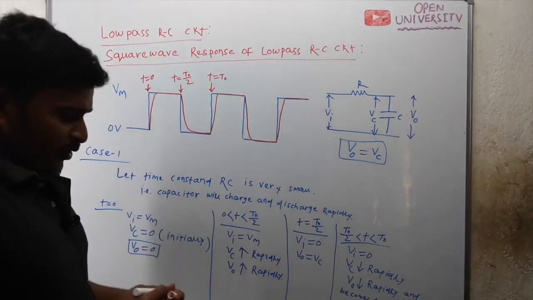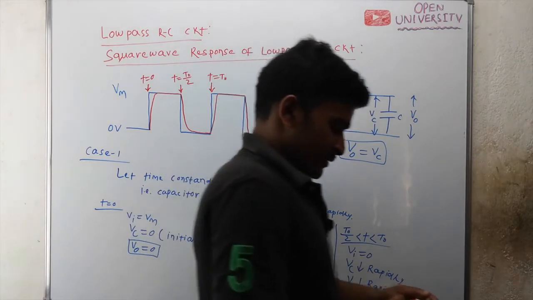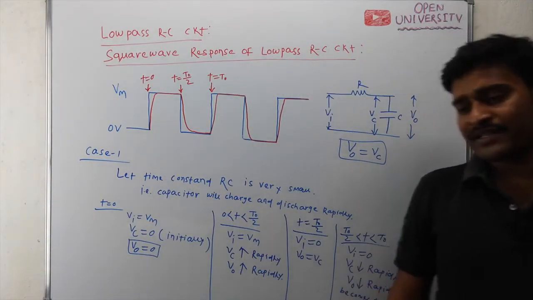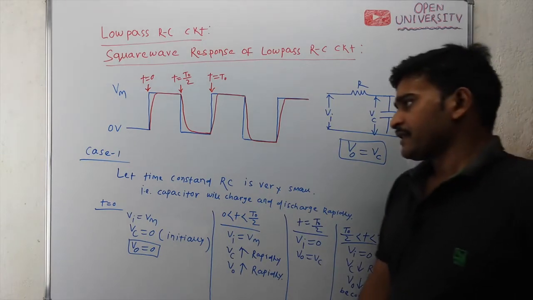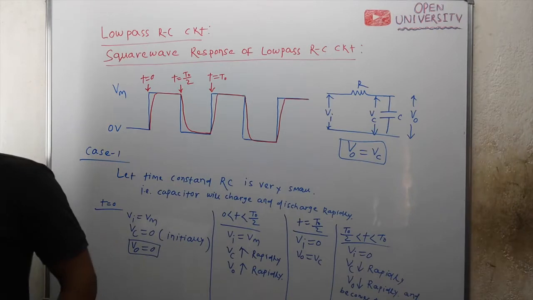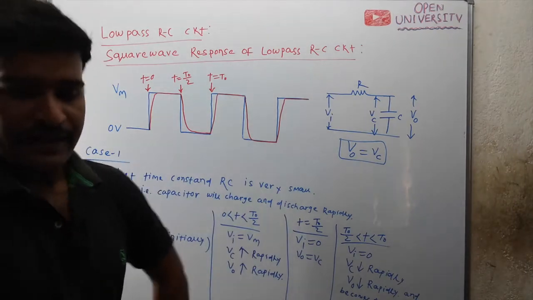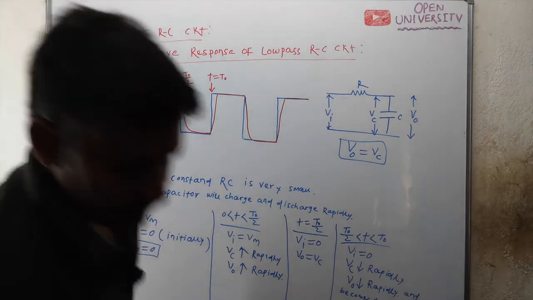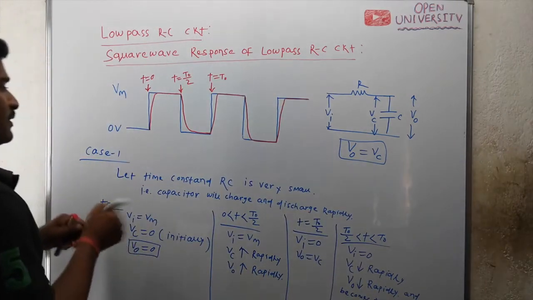Write down one point: the performance of a low pass RC circuit is described in terms of rise time and fall time. What is rise time?